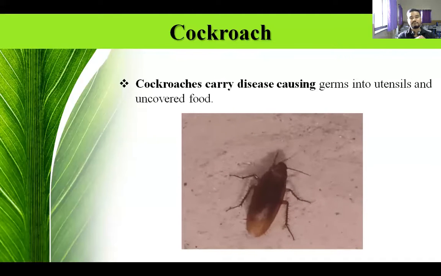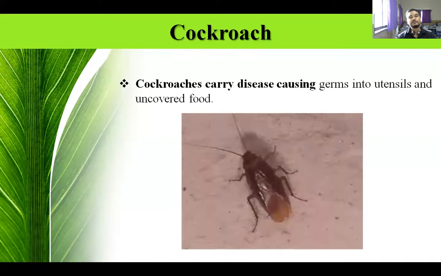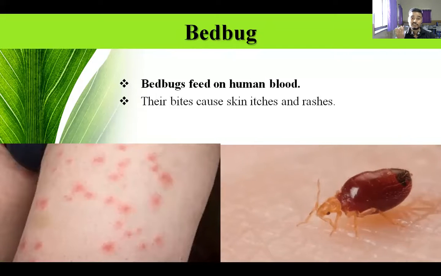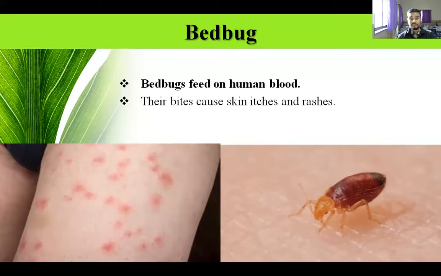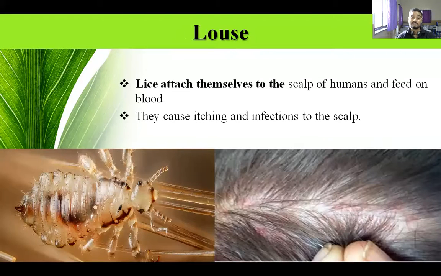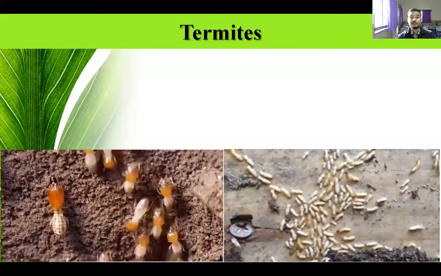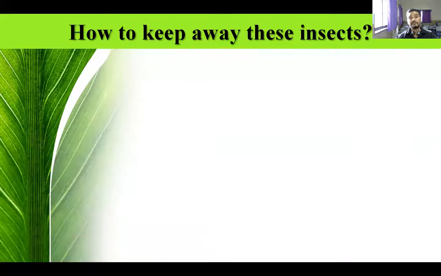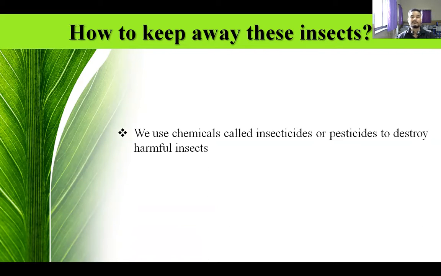Cockroaches, the same diseases it also carries. Bedbugs, itchy skin and rashes. Lice, itching and infection. Termites, damage of wooden property. And for them, we are going to use some chemicals. Those are called insecticides or pesticides.